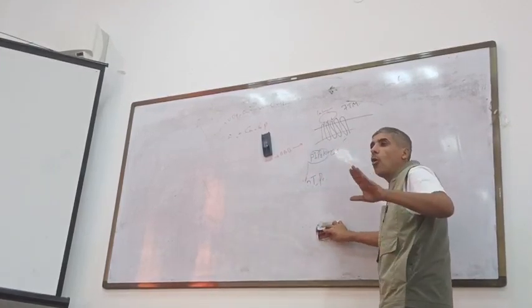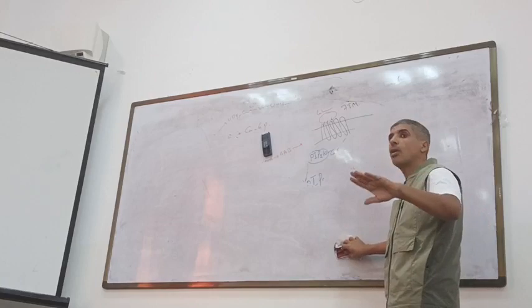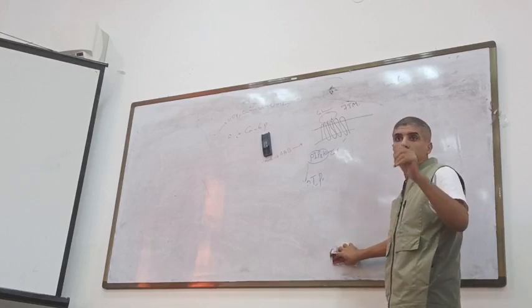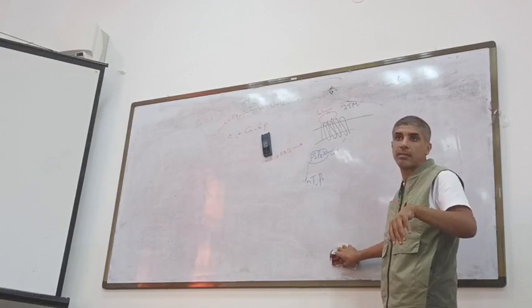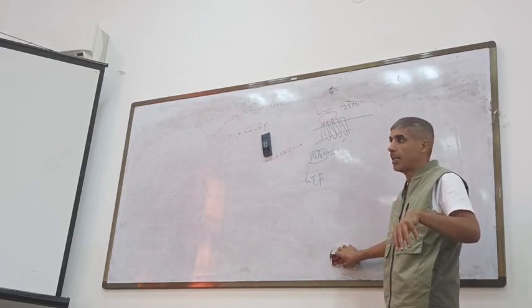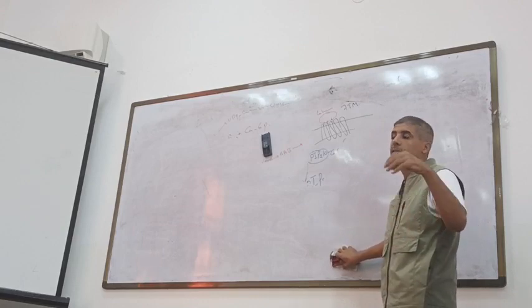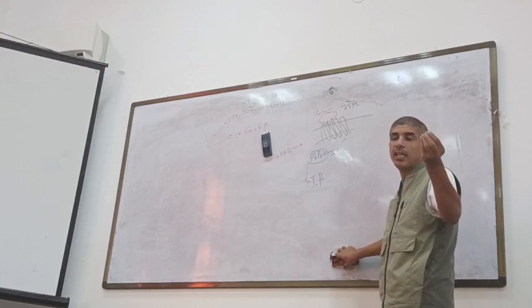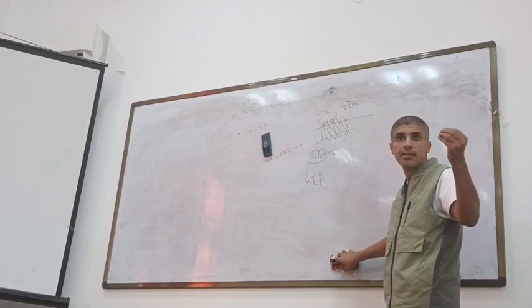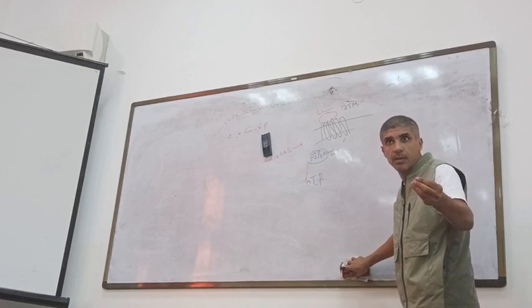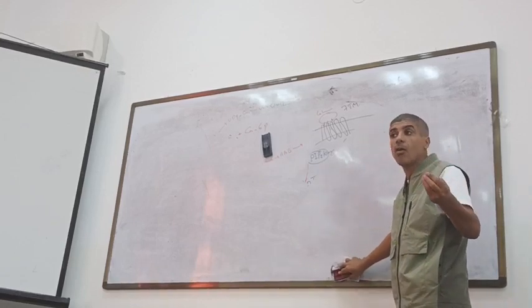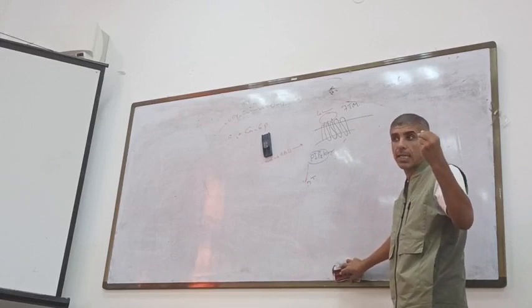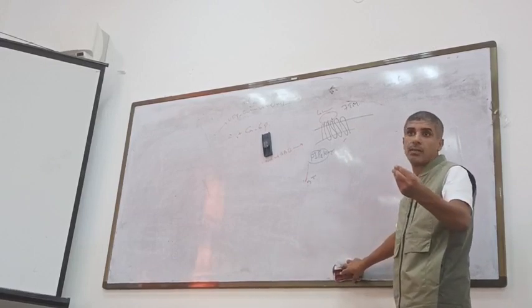Okay, we know that the source of acetyl-CoA in the fed state is the pyruvate. Yes? But the source of pyruvate in the fed state is the glucose. So our biological system is preparing glucose as the source of energy.